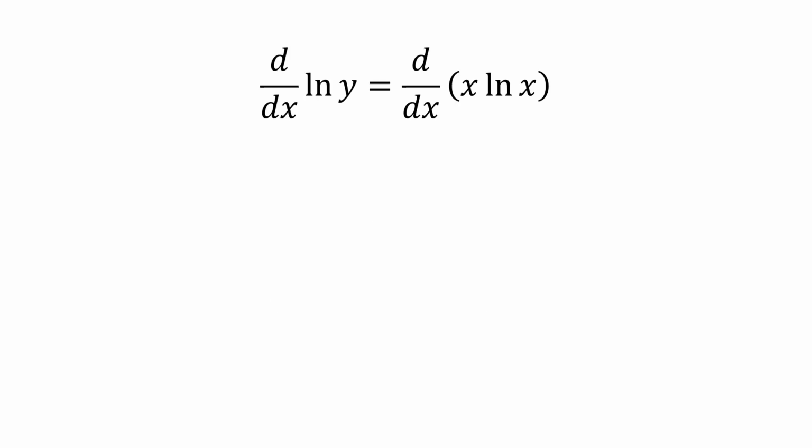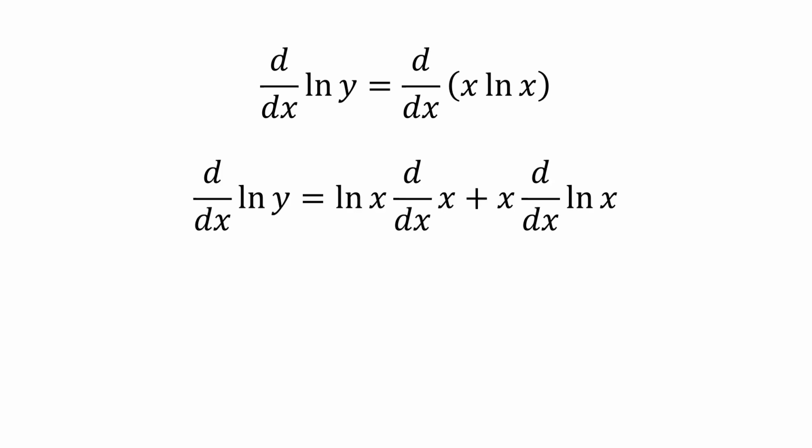To differentiate the function on the right-hand side, we apply the product rule, which gives us d by dx of ln y equals ln x times d by dx of x plus x d by dx of ln x.